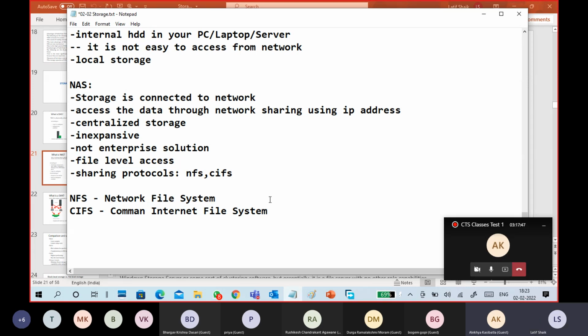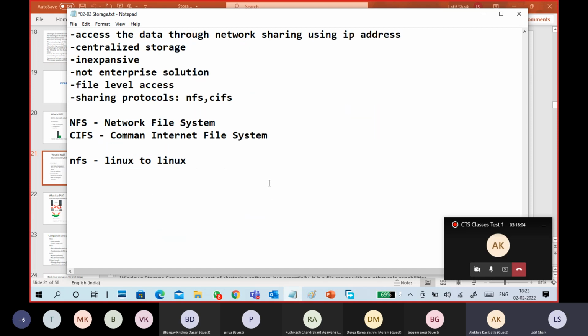Usually we should not say it like this, but I'm telling one easy way: Linux to Linux file sharing. When you have two systems, Linux to Linux or Linux to Unix, guys, not much difference. Linux and Unix don't have much differences.